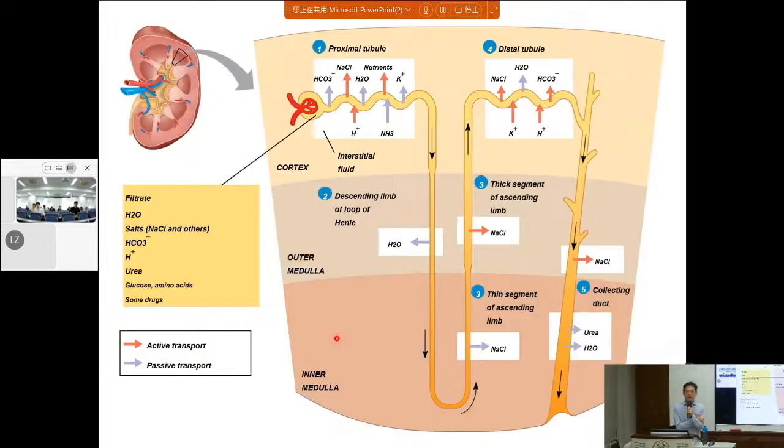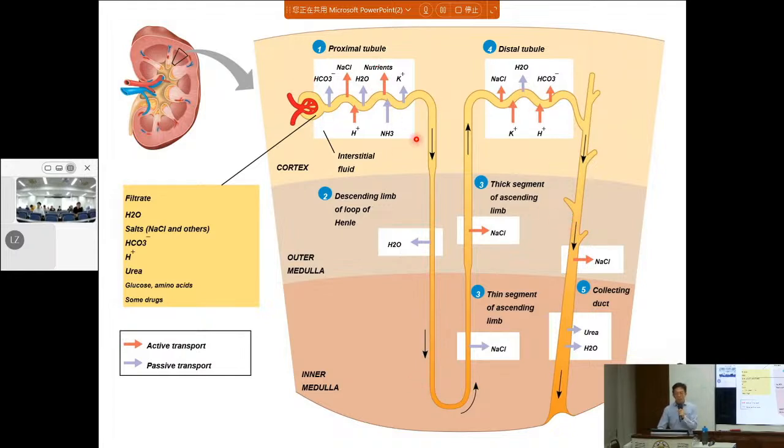In terrestrial animals like mammals, here is the human kidney as an example. The unit of the kidney is the nephron. The nephron consists of several tube systems, including the proximal tubule, the loop of Henle, the distal tubule, and the collecting duct.